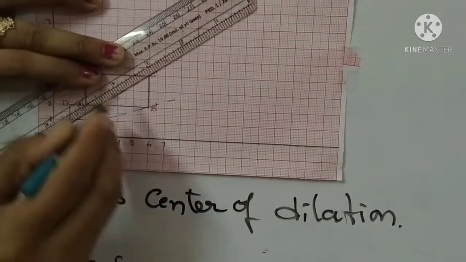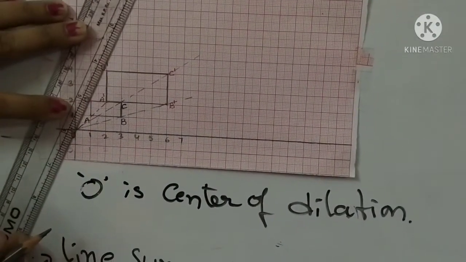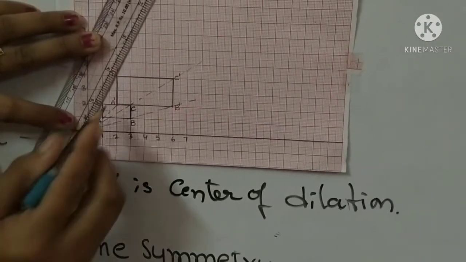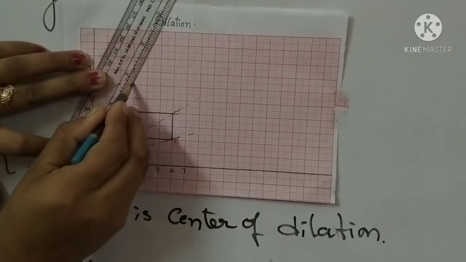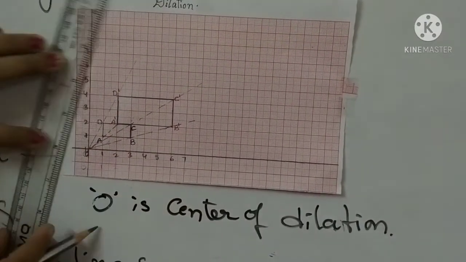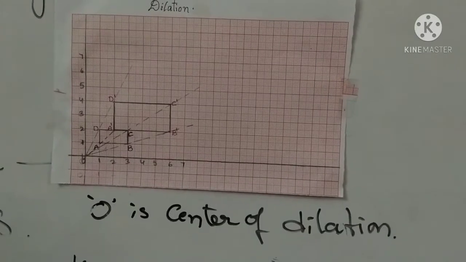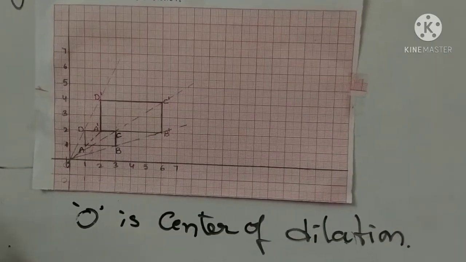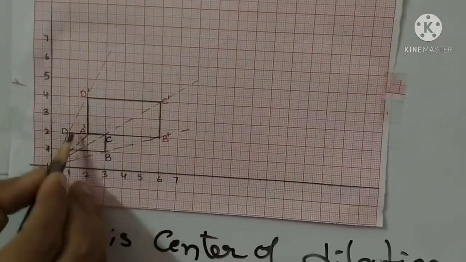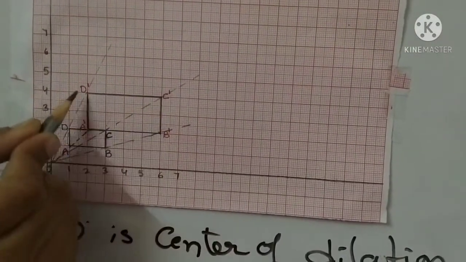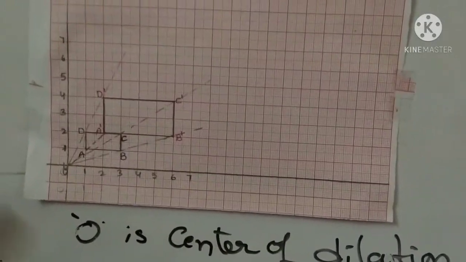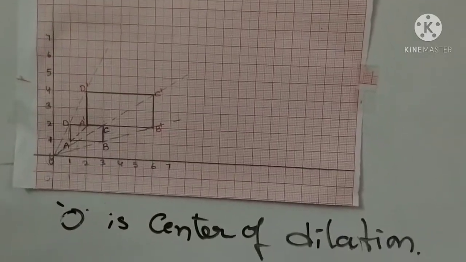ABCD is enlarged to A dash, B dash, C dash and D dash. That is a dilation of figures. Did you understand, children? We take the original figure, and the enlarged figure is A dash, B dash, C dash and D dash. That is a dilation.